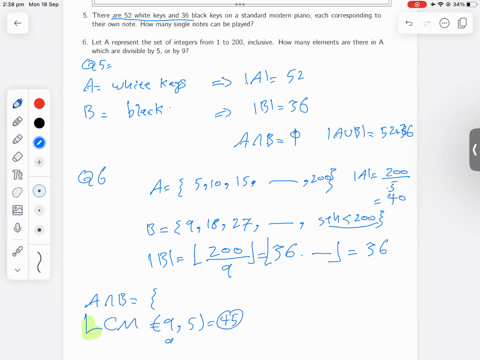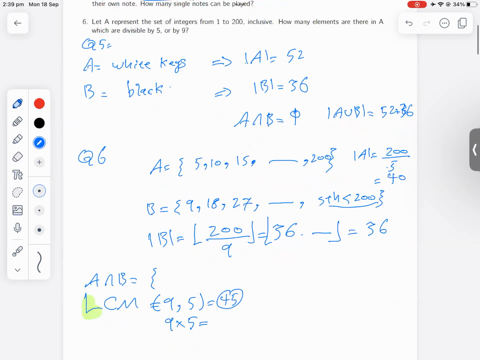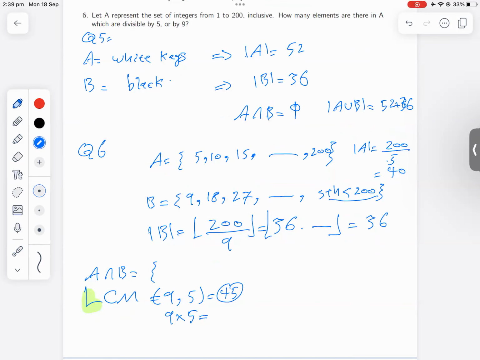It's just a simple multiplication of 9 and 5, because they are not related to each other in terms of prime factors. So I will start with 45, then 90, 135, and we should stop at 180, because more than that will exceed 200. So A intersection B is 4.